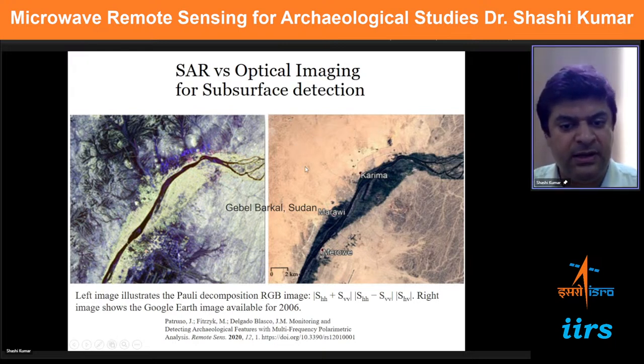But in the SAR dataset, it is clearly visible that the surface which appears smooth in the optical dataset is actually not very smooth, because there is subsurface penetration of the electromagnetic waves used by the SAR sensor. Due to the subsurface penetration, we are able to see the subsurface features, like here paleochannels, and these channels could be easily seen.